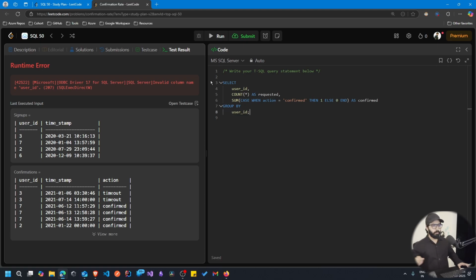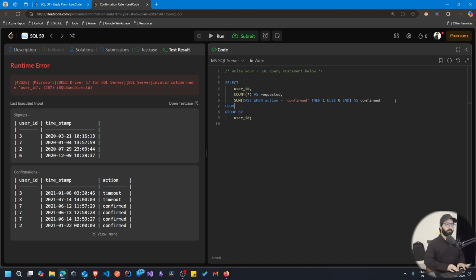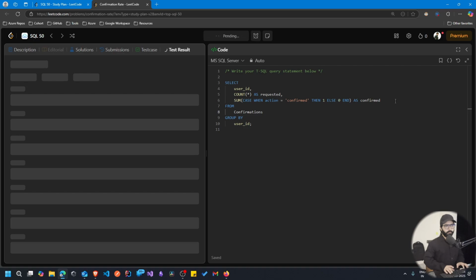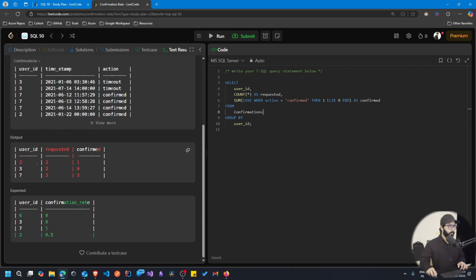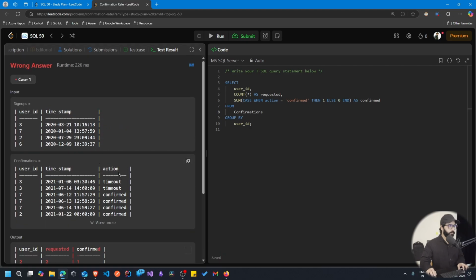Oh, hold on. Where is this from? This is from confirmations. Yeah, we are getting something. Okay, user 2 requested 2 times and confirmed 1 time. Is that true?